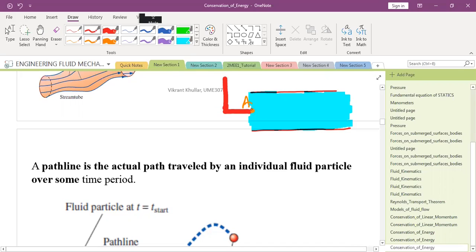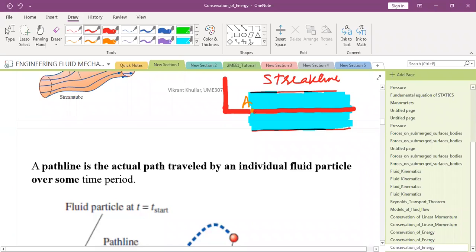So what do you know? The dye particles, when they move along the flow, will form something like this. So this red line represents what? Streak line.